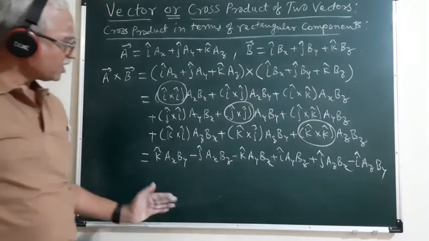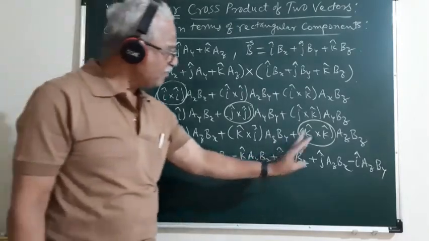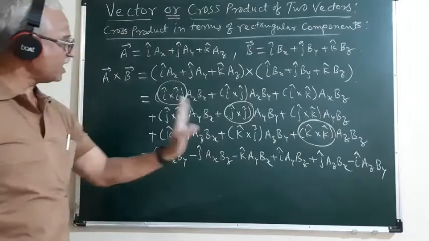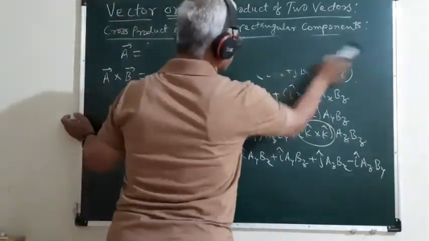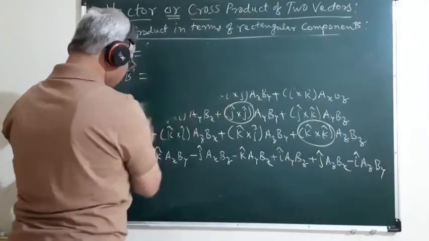Now we can club the terms of i cap, j cap and k cap together. So if we club the terms of i cap, j cap and k cap, what will we get? Let us see.